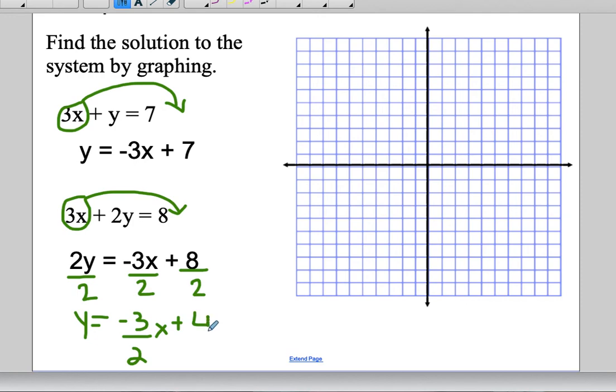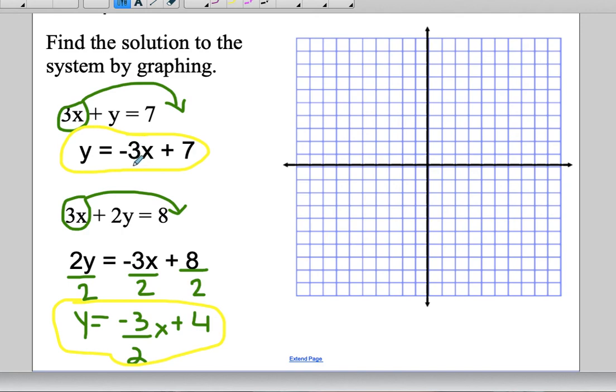So now both of these are in standard form, or sorry, slope y-intercept form, and we are going to graph these on our grid. When we see a negative slope, in terms of rise, that means we go down rather than up.